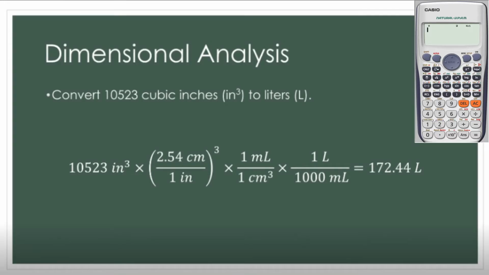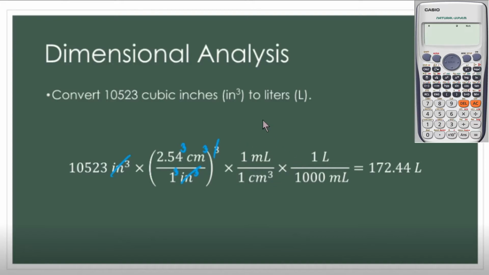The first factor can then be understood as 2.54 cubic centimeter is equal to 1 cubic inches. We simply distributed the exponent 3. As you can see, by doing so, we are now able to cancel the cubic inches units from our given and in the denominator of our first factor. If you take a look at the second factor, we are saying that 1 milliliter is equal to 1 cubic centimeter.